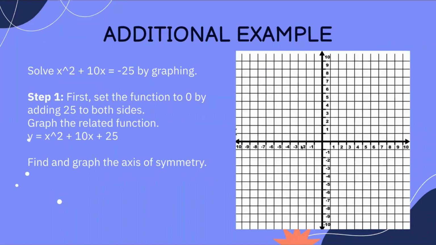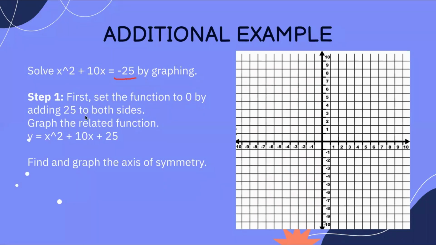Here is another additional example. We're going to solve x squared plus 10x equals negative 25 by graphing. First of all, if we look at our equation, it's actually set to negative 25 instead of 0. So first step, you want to rewrite this equation just by adding 25 to both sides.